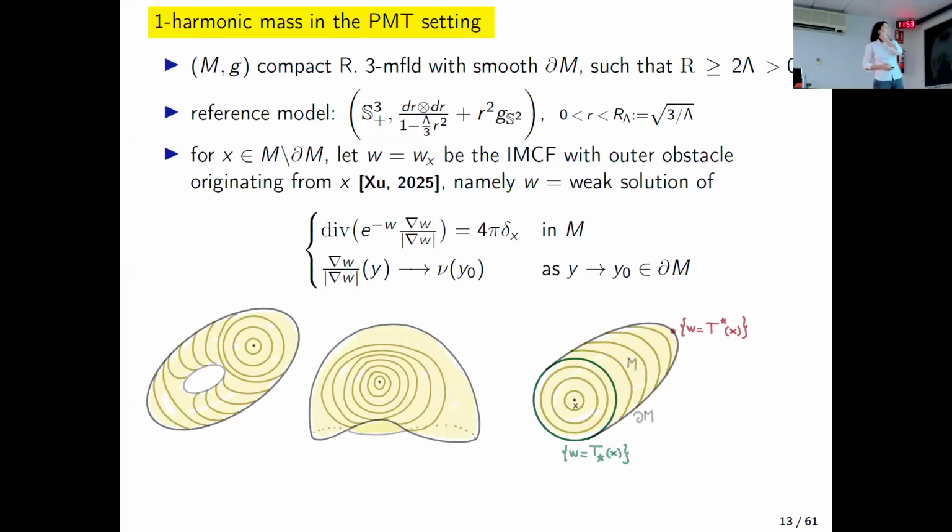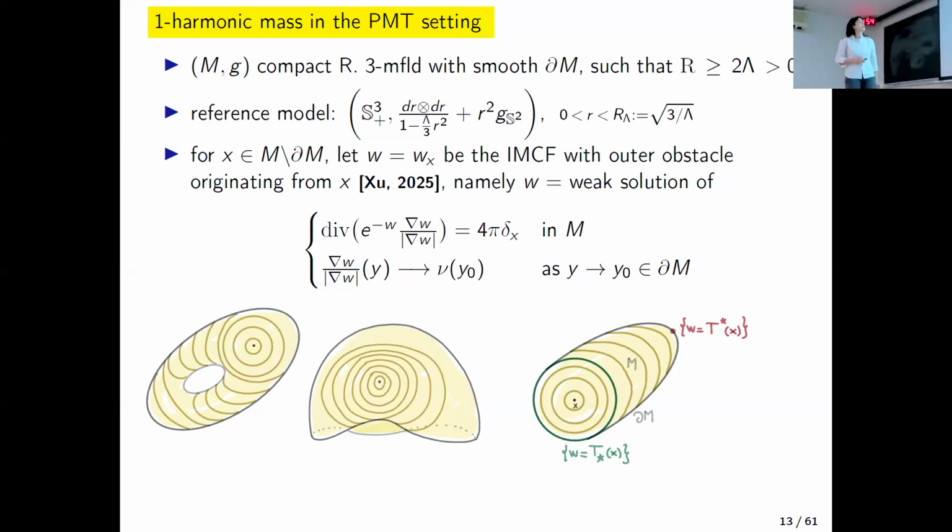Now, this is the inverse mean curvature flow with the outer obstacle that I was mentioning to you. So suppose that you take a point x in your manifold, without the boundary, so inside. And let me call w the inverse mean curvature flow without an obstacle that originates from x. What is this thing? This is a suitable weak solution of this problem, which is written in this form to give the heuristic.